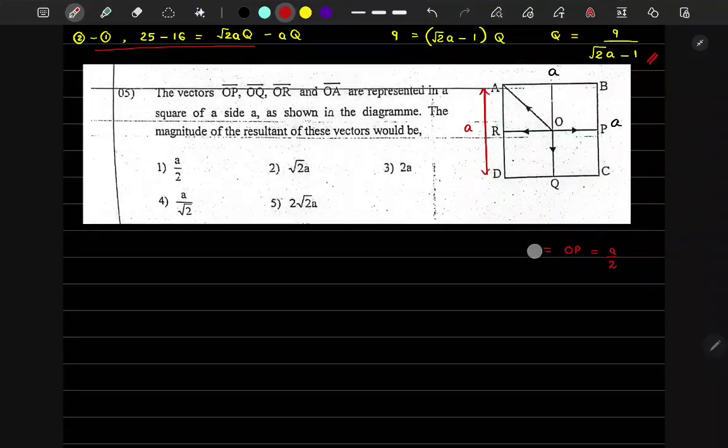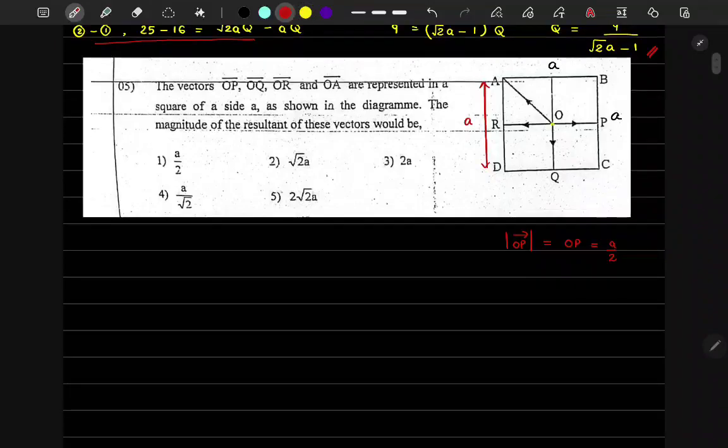Now we have four vectors at the point O. If we consider vector OR and vector OP, they are equal in magnitude and opposite in direction.